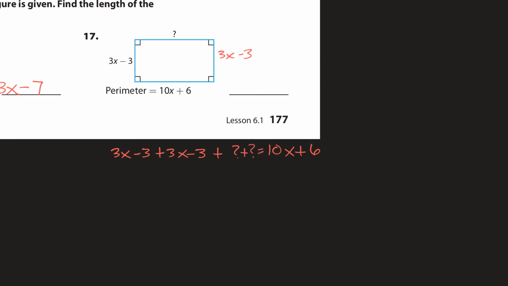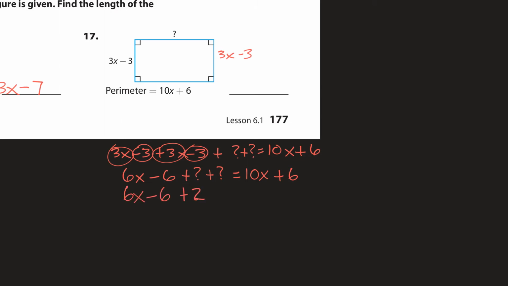So combining my like terms, 3x plus 3x makes 6x, and negative 3 minus 3 is negative 6, plus these 2 question marks equals 10x plus 6.